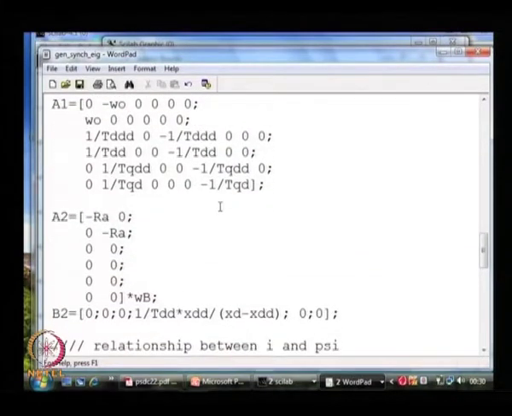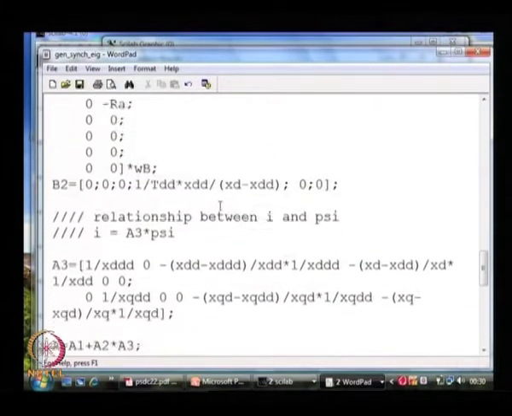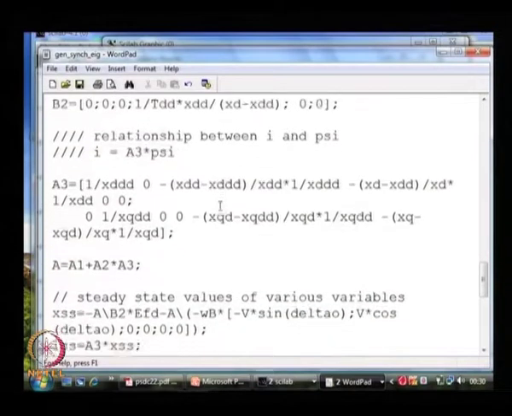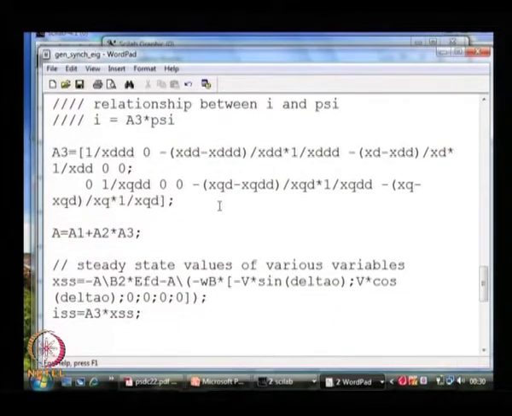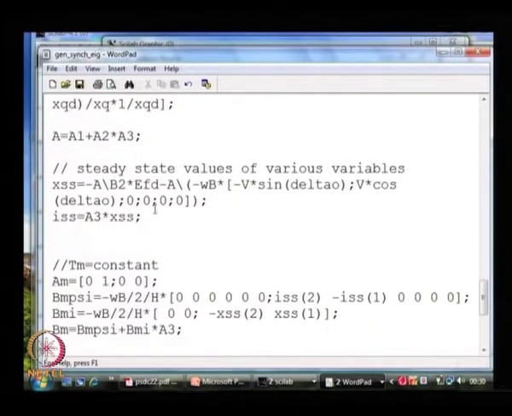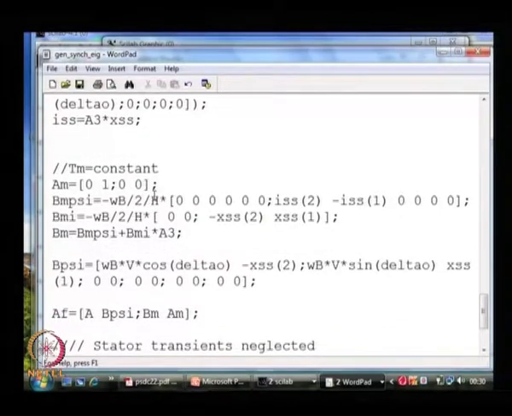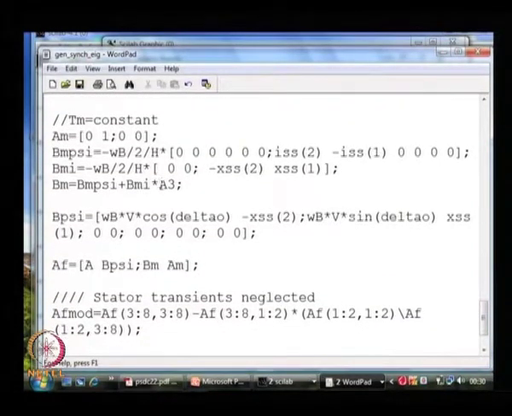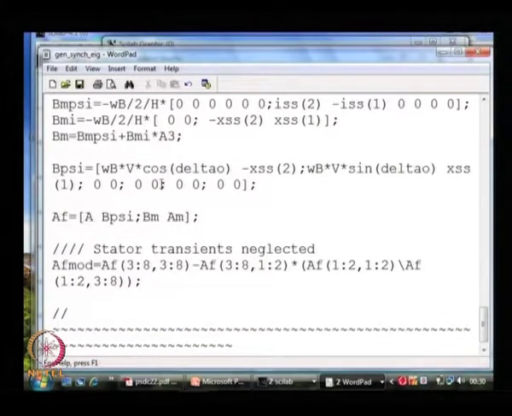Once we solve for delta, we can also, using the algebraic equations, solve for fluxes, and once we solve for fluxes, we can get the equilibrium values. Once we get the equilibrium values, we have to form the A matrices from our linearized equations. Okay.